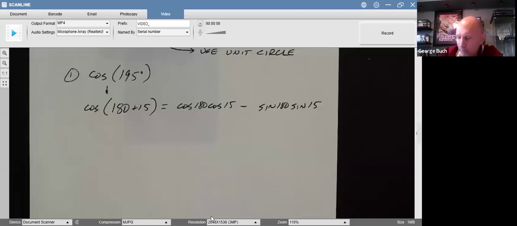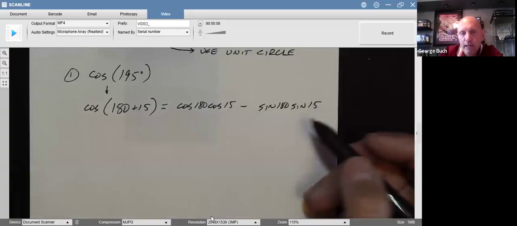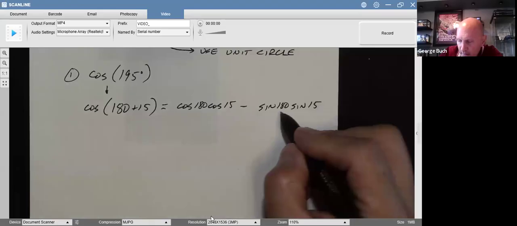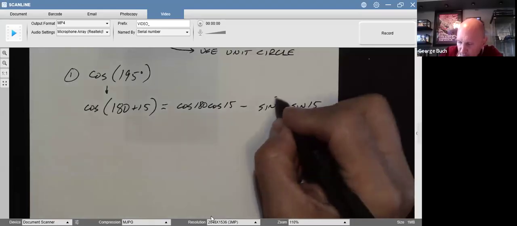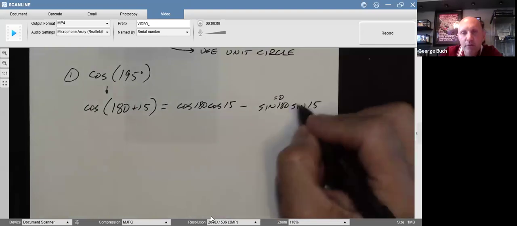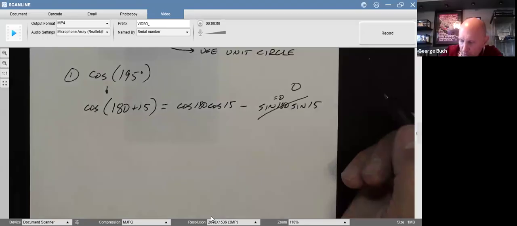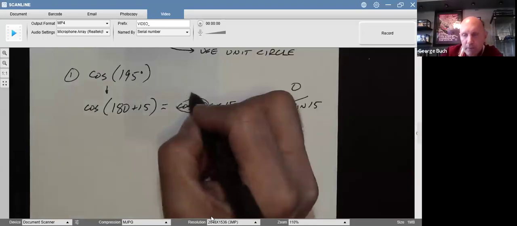Okay, well, let's break this down. And again, this is why I use values of either pi or 180, 360, etc. Because what is sine of 180? Well, sine of 180 is 0, meaning this entire term is 0. So I don't have to worry about it. And then cosine of 180 is what? Well, this is -1.